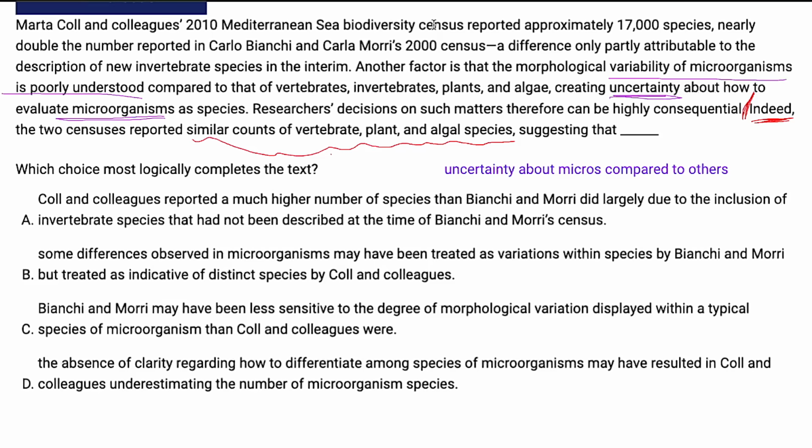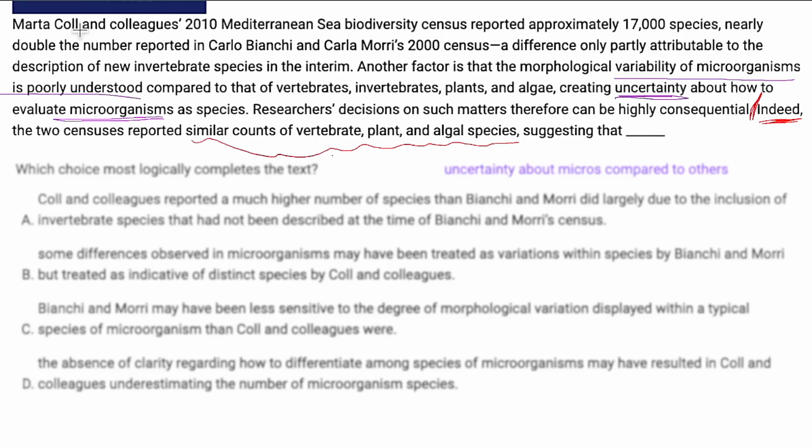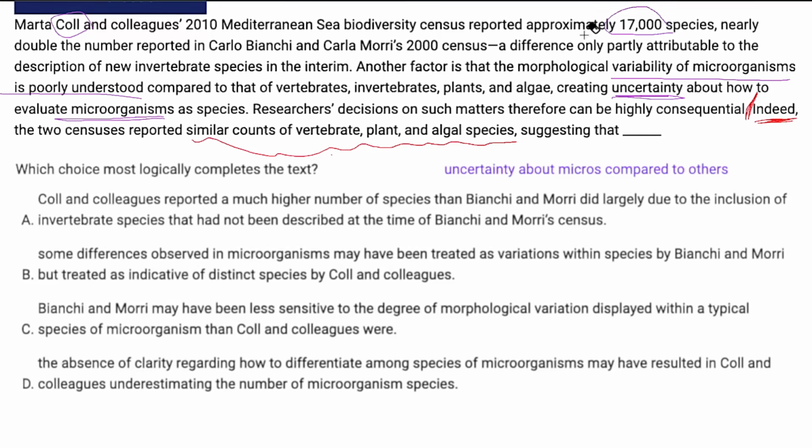All right, and then just for context, let me read the beginning here. These guys with Cole had a report of 17,000, which was nearly double this other report, a difference only partly attributable to the description of new invertebrate species in the interim. Okay, so let's also put this into my own words.